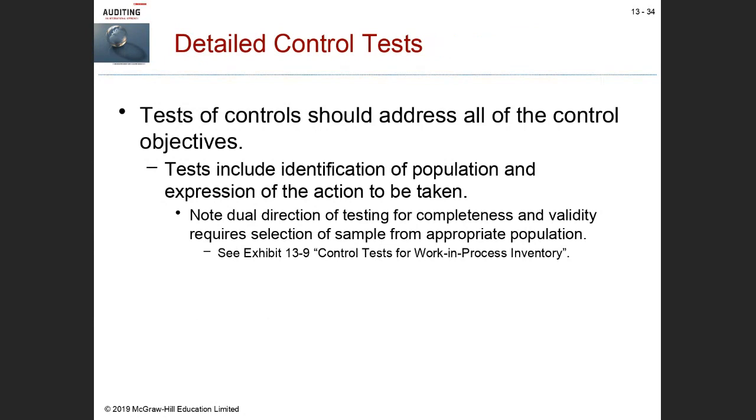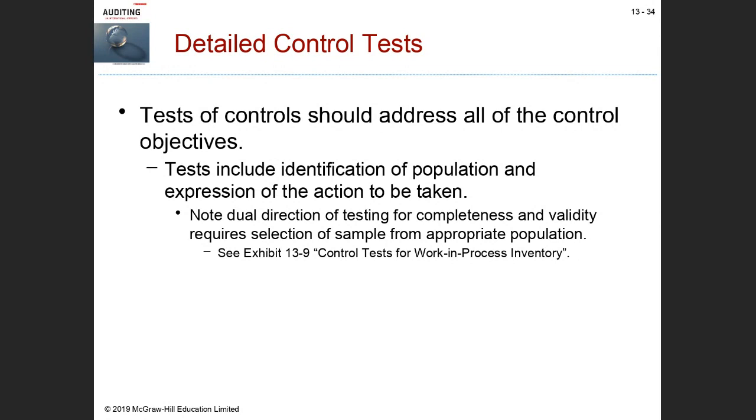One thing that we've seen, as we've talked about all the accounting cycles, is that when we test internal control, we have to ensure that the control tests cover off all the control objectives, right? So if we go back to chapter 8, you might remember the chart we had that talked about control objectives and actual internal control procedures, assertions made by management.